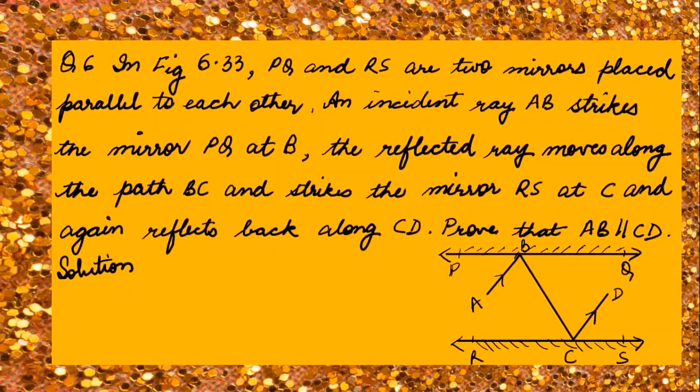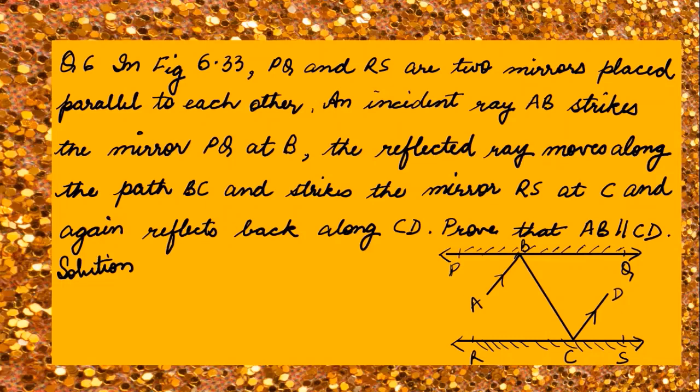Now question number 6 is, in figure 6.33, PQ and RS are two mirrors placed parallel to each other. An incident ray AB strikes the mirror PQ at B. The reflected ray moves along the path BC and strikes the mirror RS at C and again reflects back along CD. Prove that AB parallel to CD. Now here what they are saying is we have two mirrors PQ and RS.